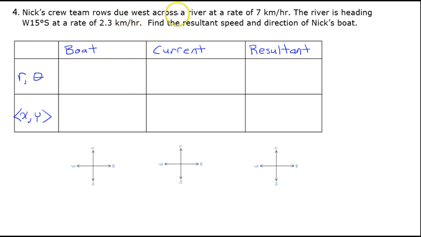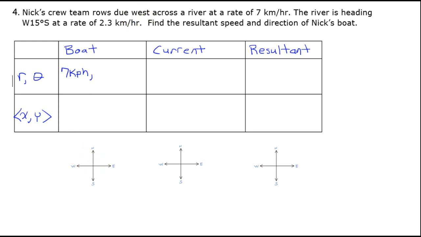So the boat moving at a rate of 7 kilometers per hour, that's the magnitude then, 7, and I'll just put kph, for kilometers per hour. Now, the boat is moving due west.